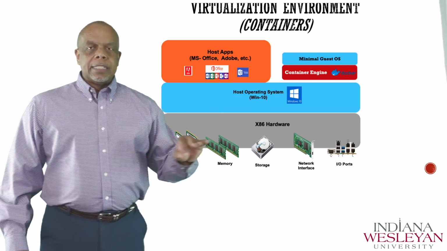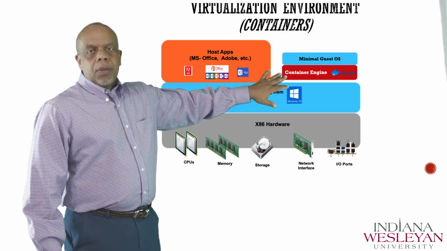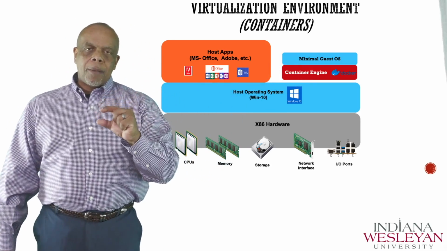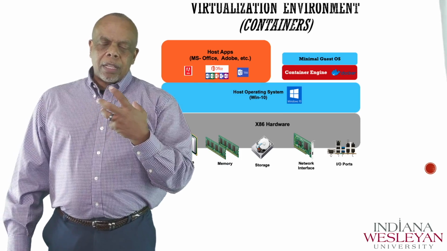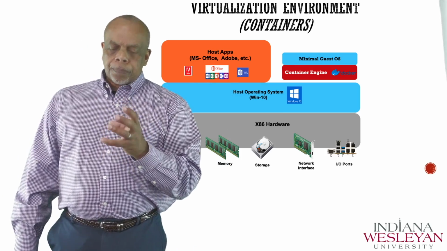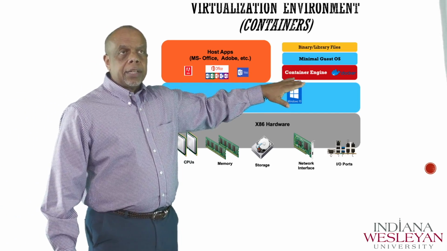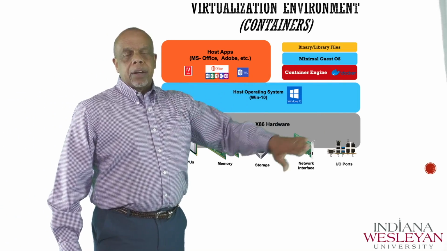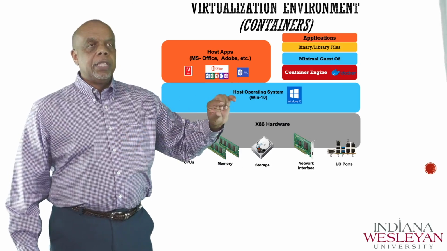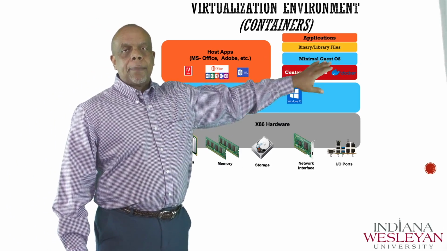Now, within this container, it has what we call a minimal guest operating system, meaning that it may have a Linux core or a Linux kernel sitting right here in this container, and it has all the binary and library files that you need to be able to run applications.